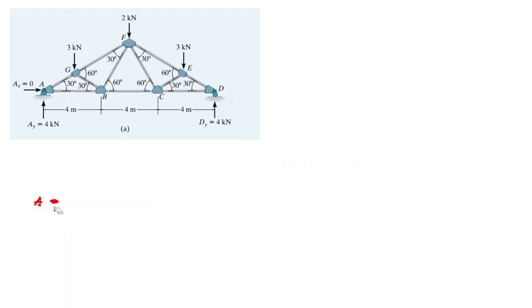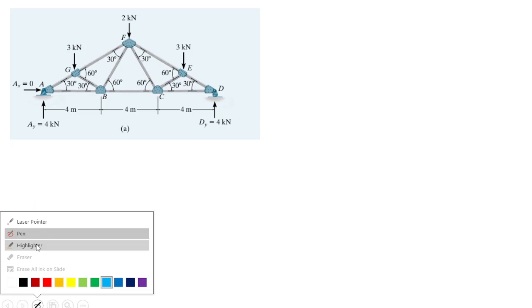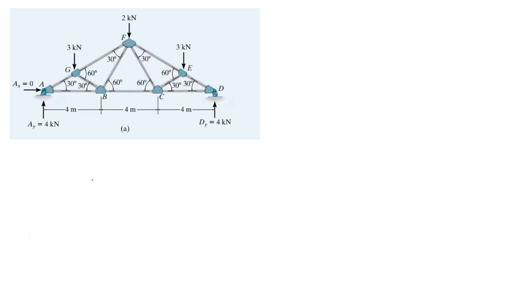So for joint B, we have this force acting on joint B, and this force acting on joint B, okay? And we have FBF coming towards this, and we have our FGB on joint B. So for equilibrium, we assume this is coming out and this is coming out.